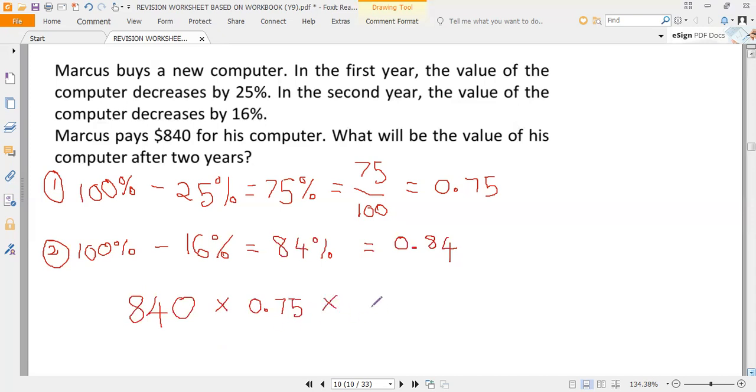And for the second year, multiply by 0.84. We use calculator now. I'm also using it. 840 times 0.75 times 0.84. Final answer is 529.2.